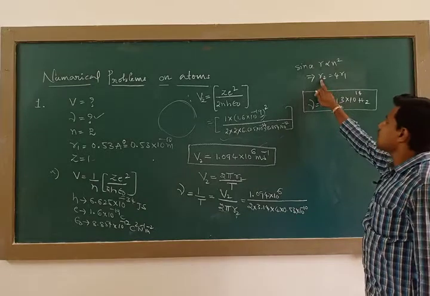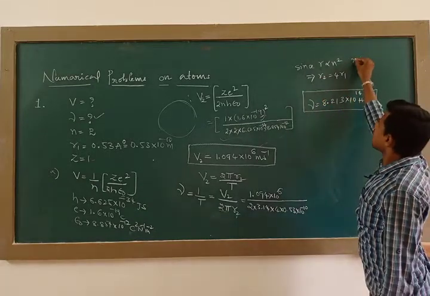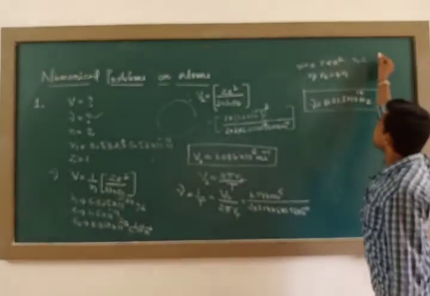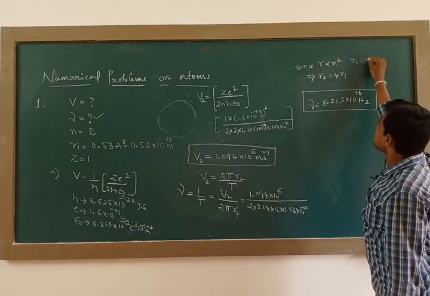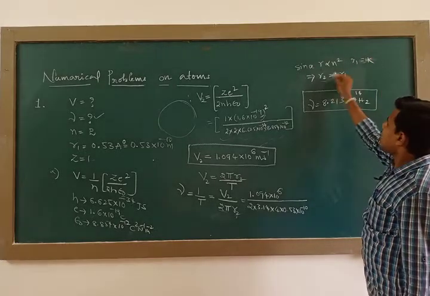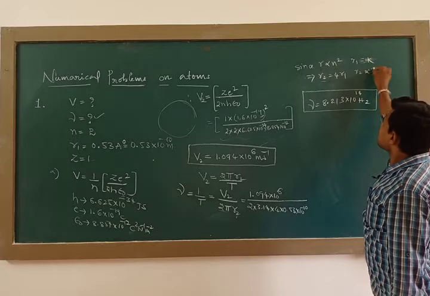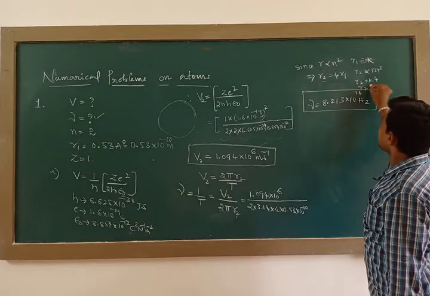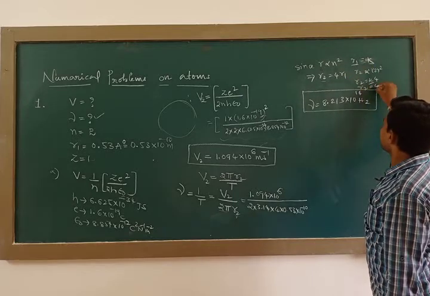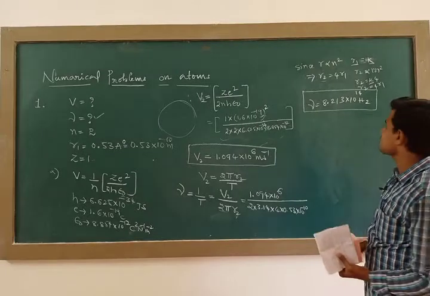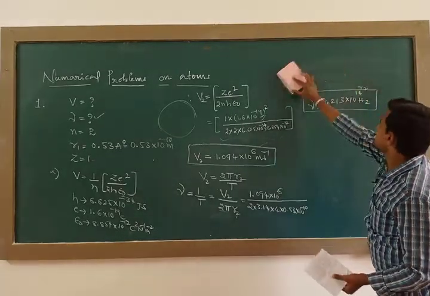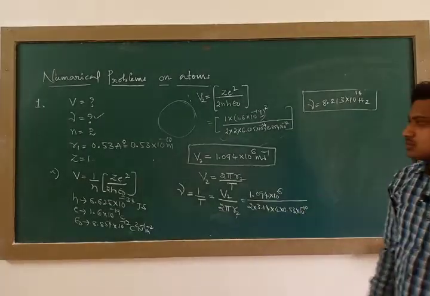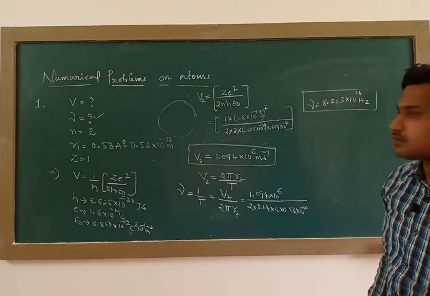So r1 is some constant into 1, equal to K. Therefore r2, proportional to 2 square, becomes 4 times r1. With the help of all these equations, if you simplify, you will get this. If possible, note this down and try to solve.